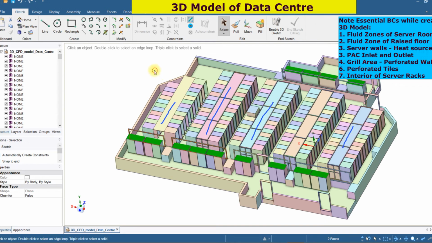It is also called cold air sleigh. This is a PSC unit. PSC units are on both sides of the rack.